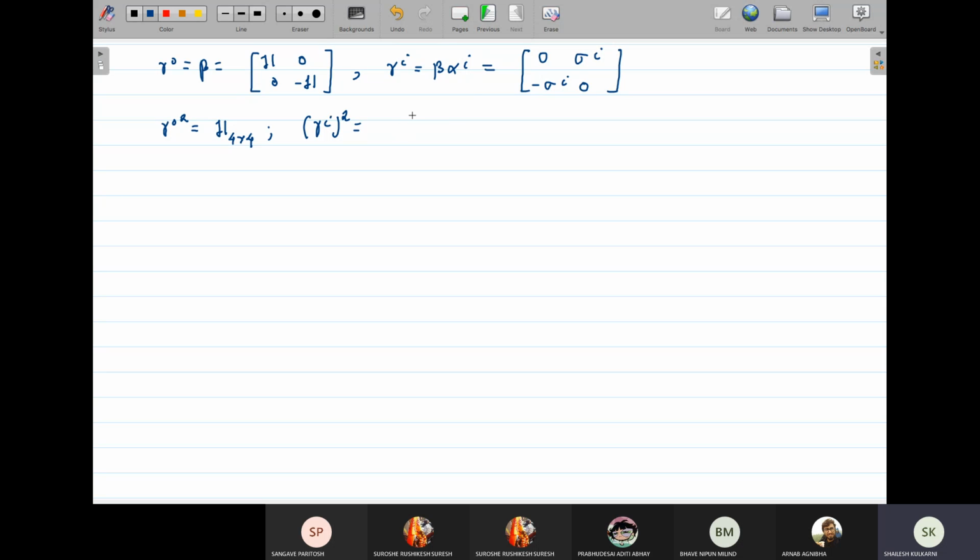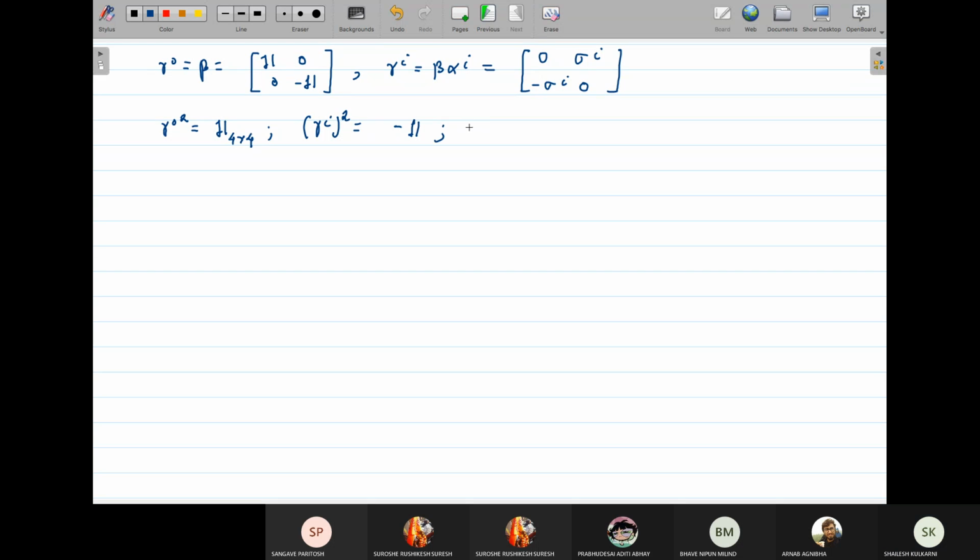Beta squared will be 1. Because of that anti-commutation relation you will get a minus sign, so you will get minus beta squared alpha I squared. Beta squared is identity and alpha I squared is also identity, so you will get minus identity. Okay, clear?